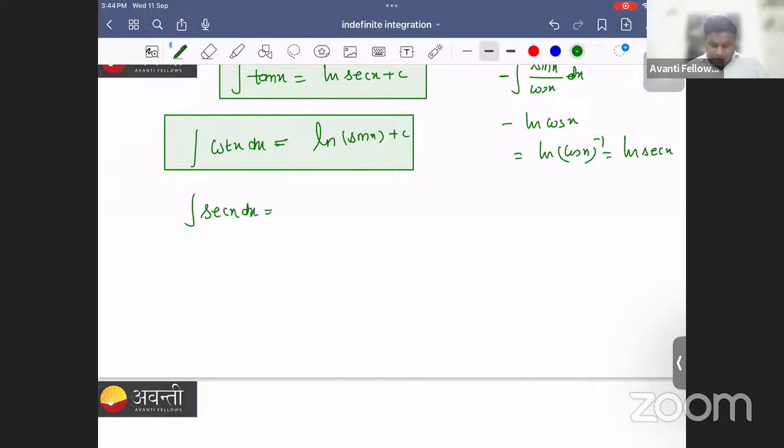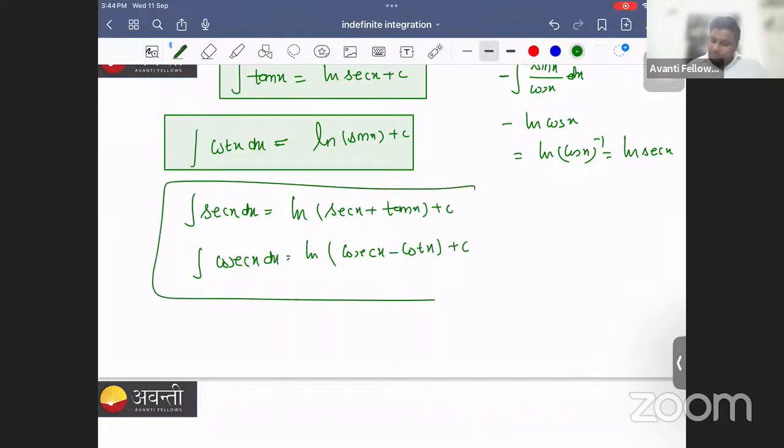Integration of sec x dx is ln of sec x plus tan x. Got it? And integration of cosec x dx is ln of cosec x minus cot x plus constant.